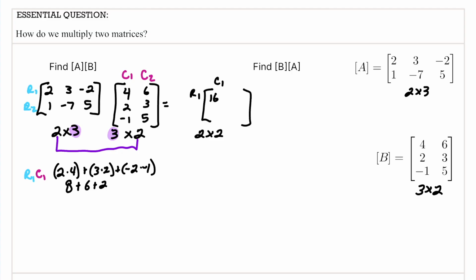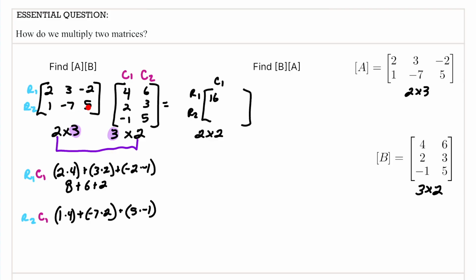Then we'll go row 2, column 1. So that's going to give us row 2, column 1, this entry here. So that's going to be 1 times 4, -7 times 2, plus 5 times -1.